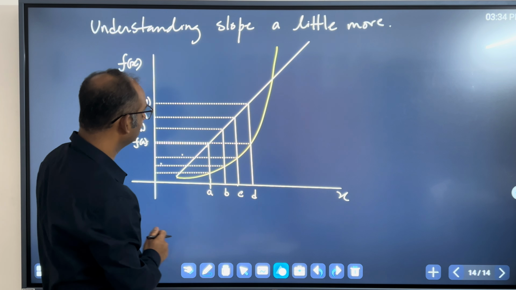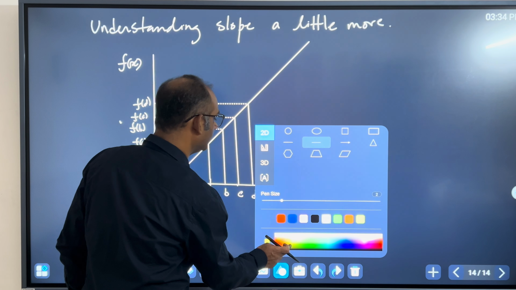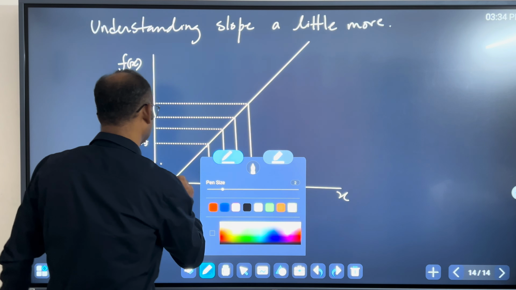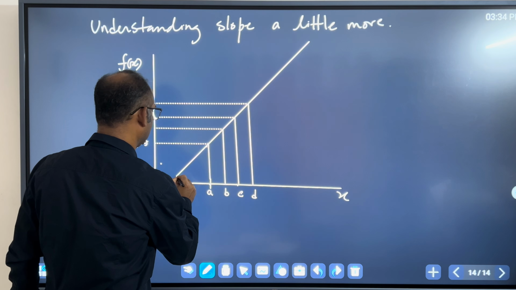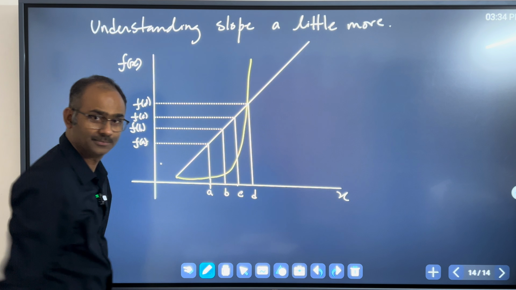Let me give you another curve, which will make it better, I guess. Let's take an even more dramatically increasing one. So let's go like this and then suddenly like this.